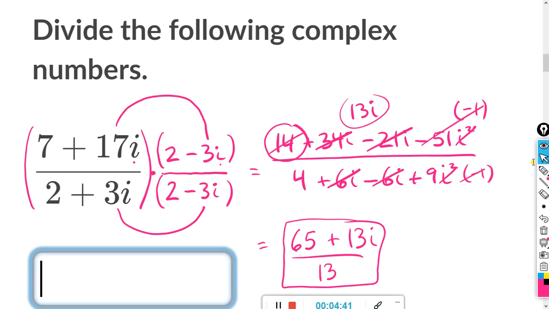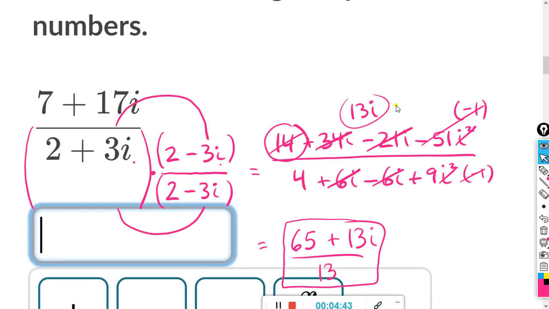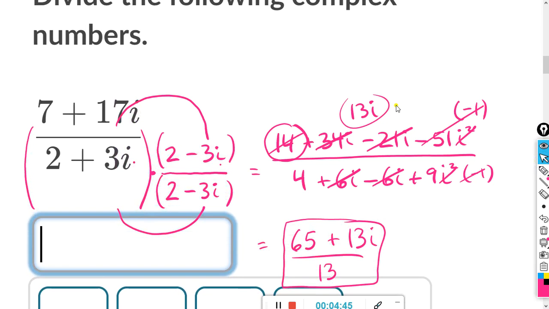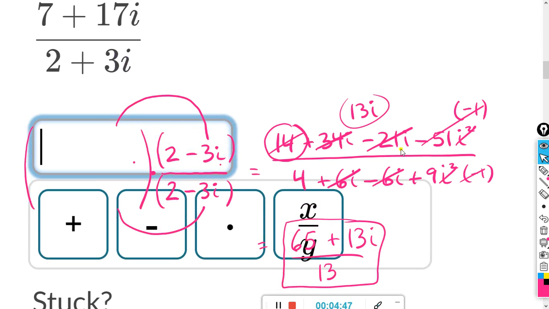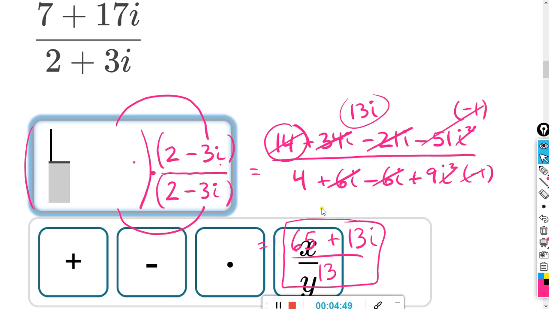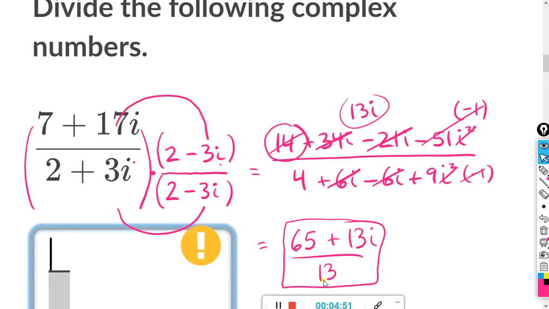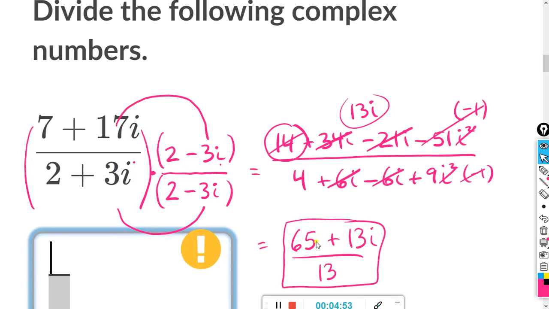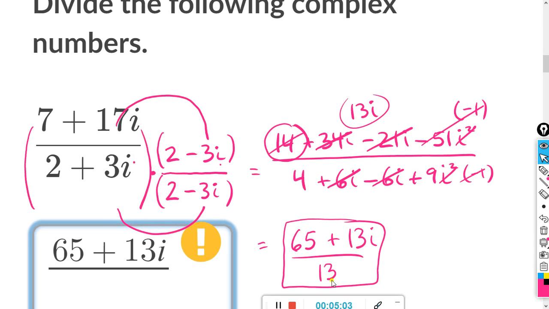So click inside the box, and let's see if I can make this a fraction. Okay. So let's click the X over Y button to make it a fraction. All right, and in the numerator, 65 plus 13i, you just type that in, and then click the down arrow key to get to the denominator and type 13.